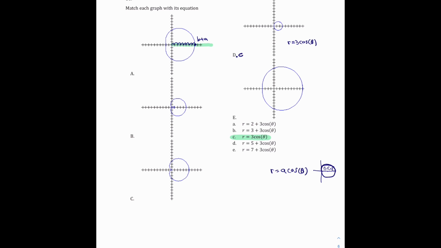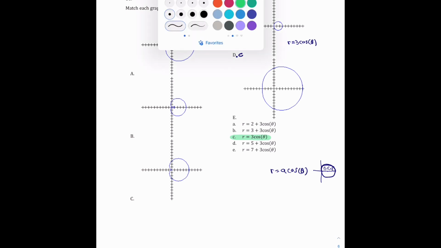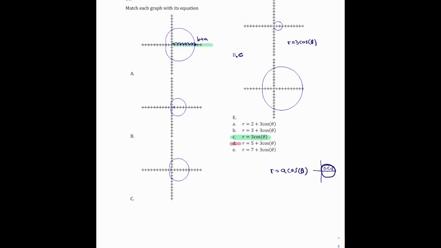So immediately I can see that D might match that. Let me just highlight it differently here. So D, let's check out D. 3 plus 5 is 8. 3 minus 5 is negative 2, which is the other side. So yes, this is D, which is the equation r equals 5 plus 3 cosine theta. This is a dimpled limaçon.